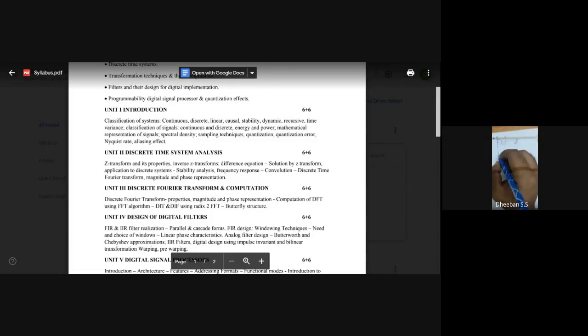Means you have to sample everything. So draw a diagram like this. It will be represented in this fashion. Similarly, the second signal, B, will also be represented in this fashion.